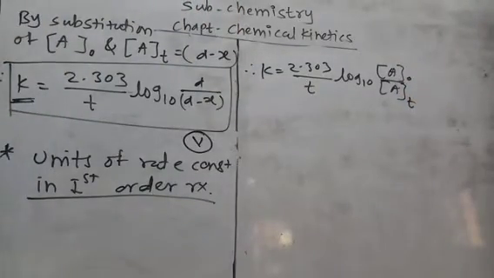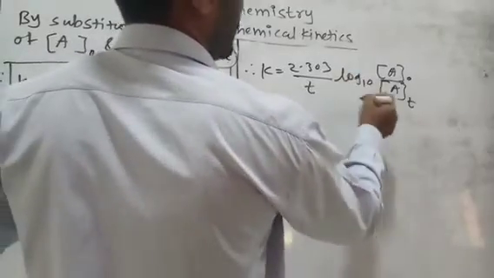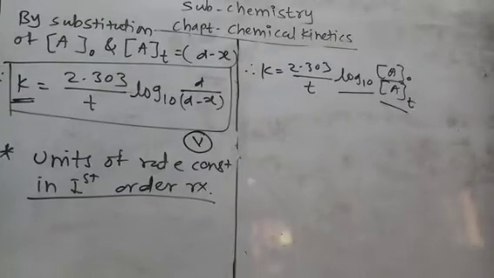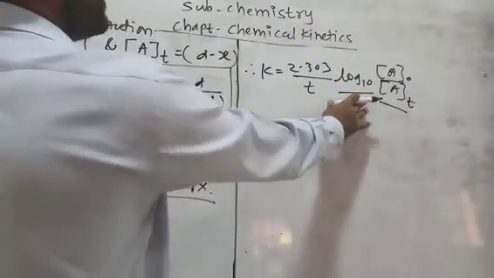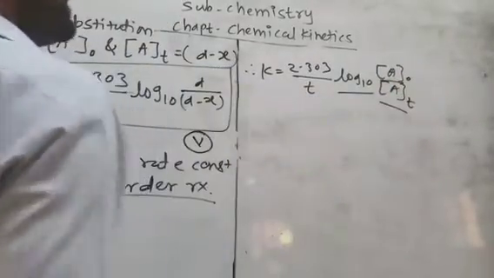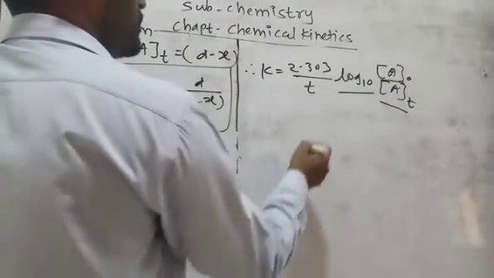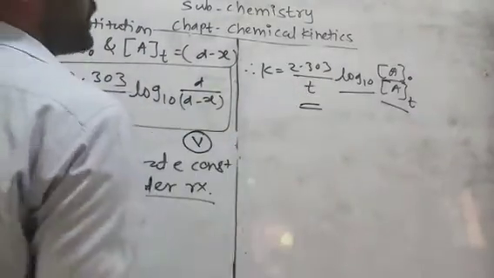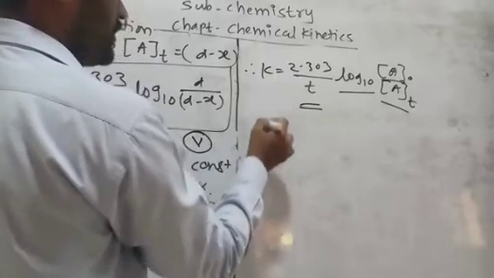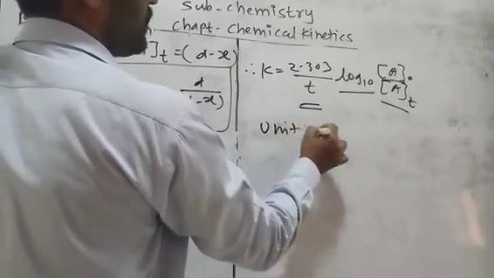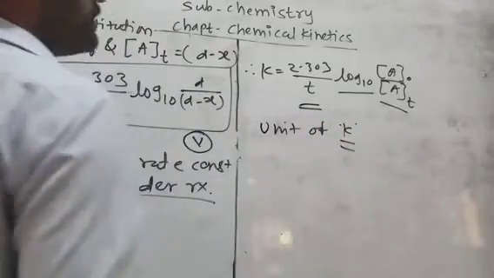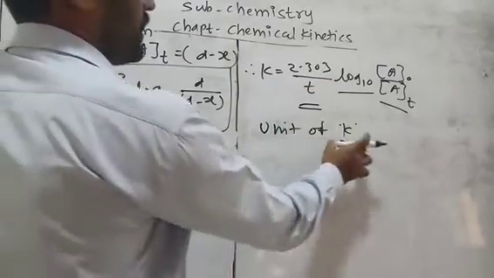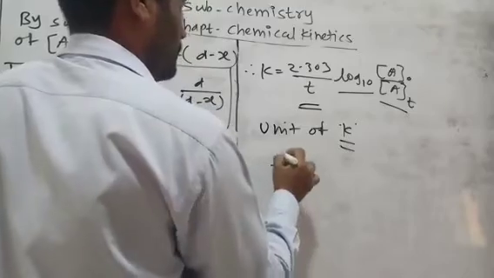In that equation, the value of log to the base 10 of a0 divided by at is a unitless quantity. So the dimension remaining is time. It is only the time for that reaction. So the unit of k becomes per time.